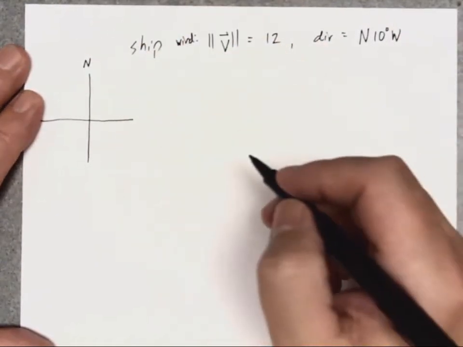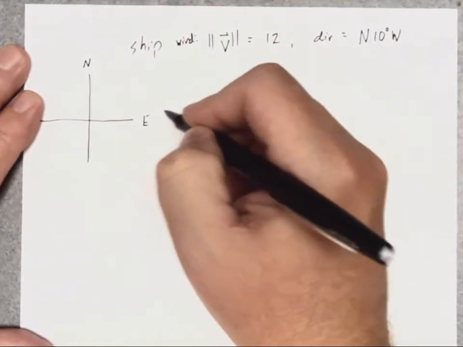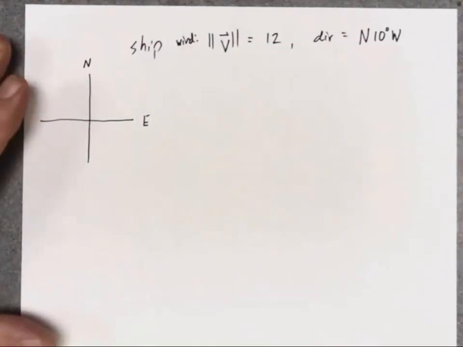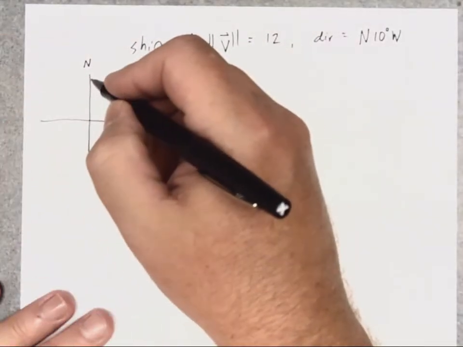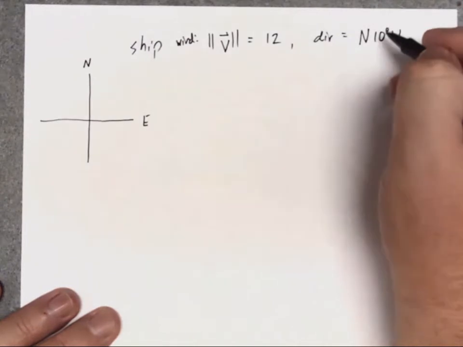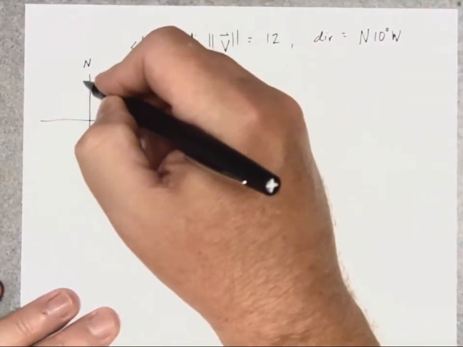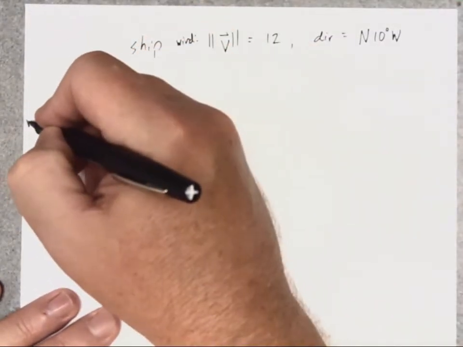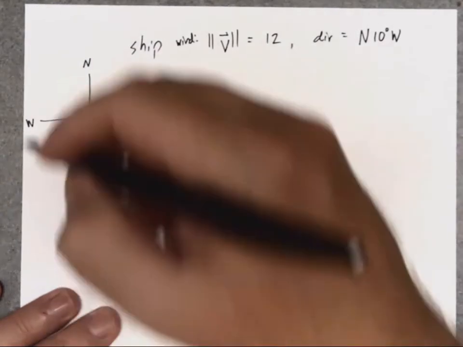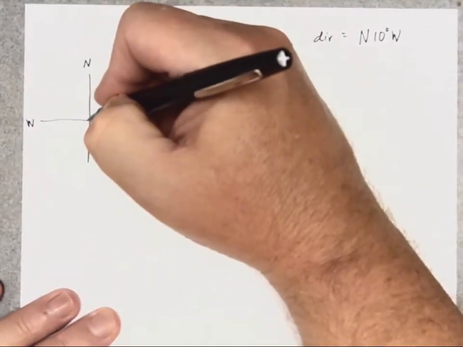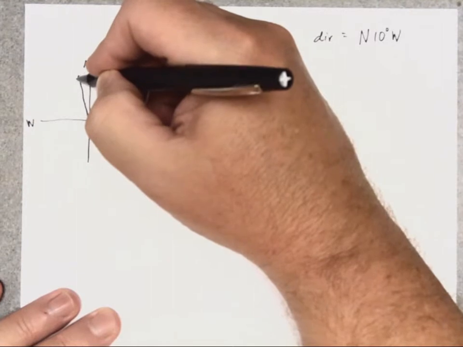North is like the y-axis. We would call this almost like a compass, so north is straight up, and then 10 degrees west. So from north, it's saying now move 10 degrees west. Well, west is to your left. So if I move 10 degrees, maybe I end up.